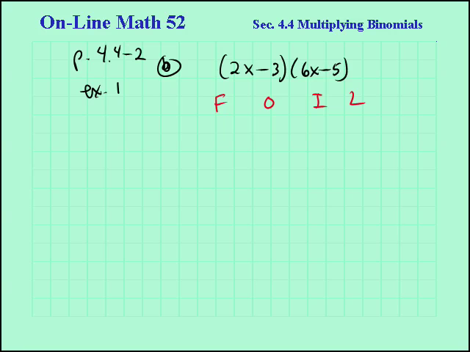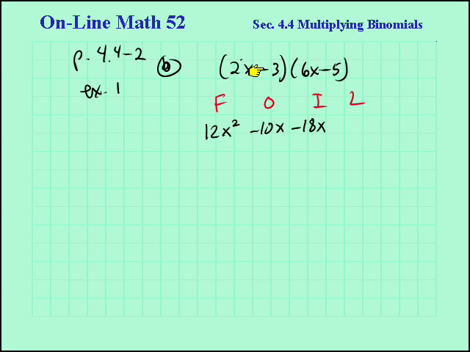The firsts is the 2x times the 6x. So that's 12x squared. The outer product is the 2x times the negative 5. The outer product, negative 10x. The inner product is the negative 3 times the 6x, negative 18x.